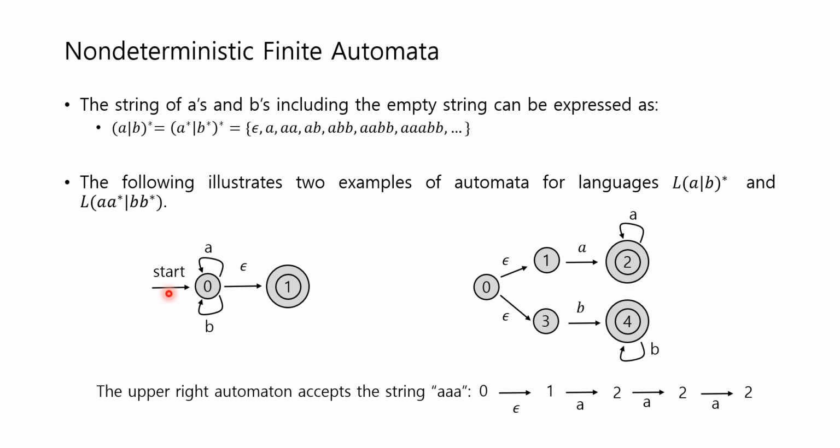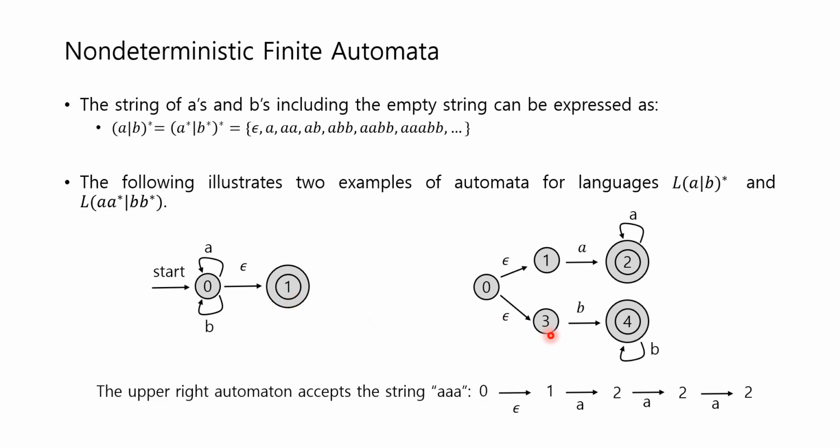We can go from the start state to state 0 two times and go to 1, and it will give the string AA. So this automaton shows us that we can derive strings of (A union B) Kleene closure, and the non-deterministic finite automaton is composed of edges and states, and the final state is represented with two circles.